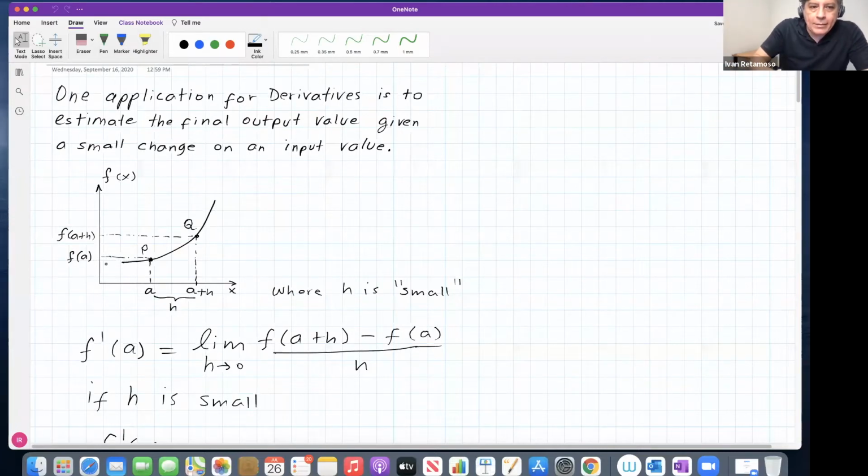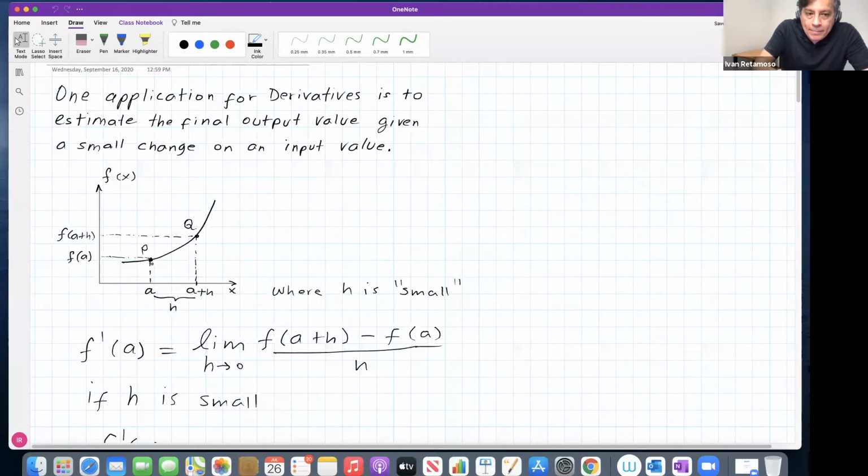Well, imagine you have a function whose graph is this over some interval here. And suppose you allow yourself a change that is small. Let's call it h. If your input value a is increased by a small amount h, the new input value has to be a plus h, right?